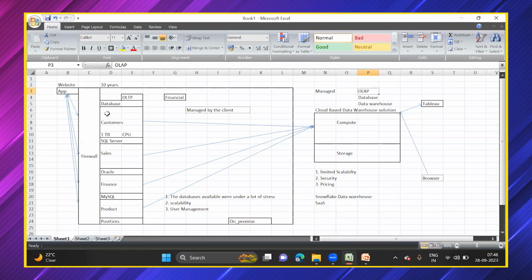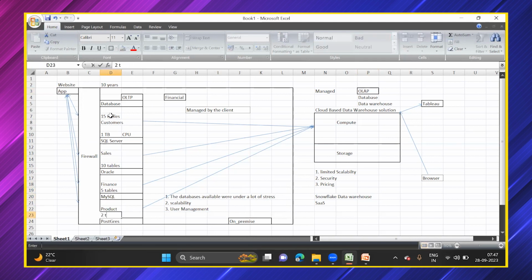Right now, let us say you have some 15 tables here, with 10 tables associated to sales and 5 tables here. I am just giving an example.